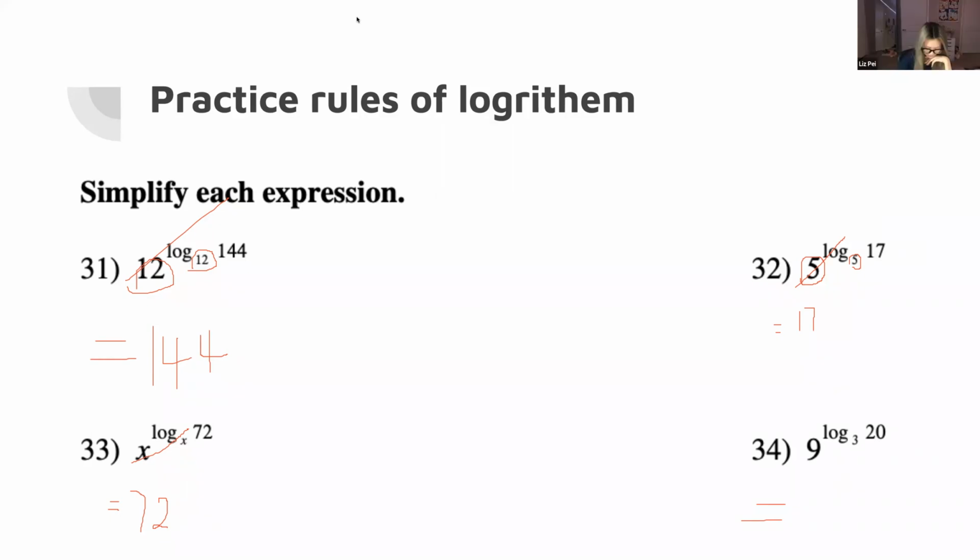So for this one, you guys can see over here we canceled out a 5 and a 5, right? Because 5 over 5 equals 1, and 1 times 17 will equal 17. So that's how you get the answer over here. That's also how you get the answer over here, and also over here. So when it's over here, we have a 9 and a 3.